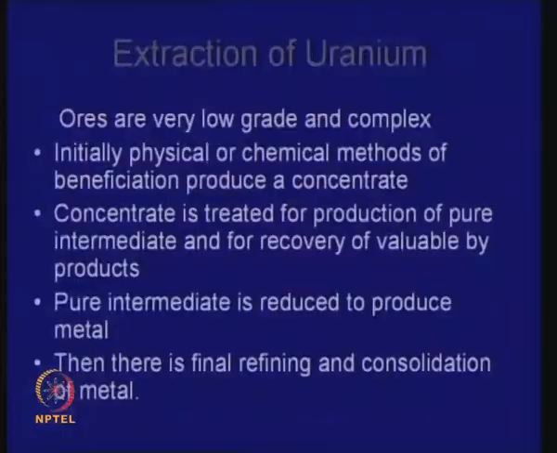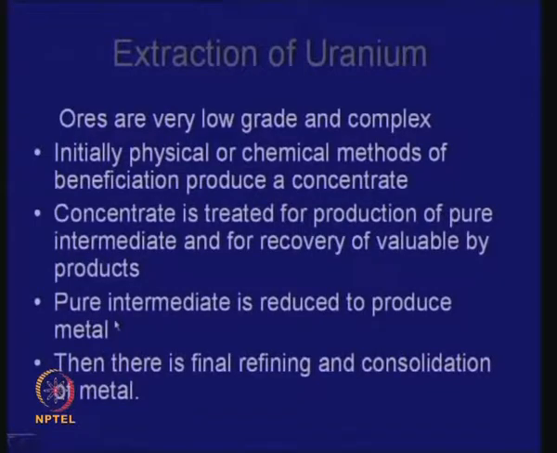This will be the essential approach in the case of nuclear metals, reactor metals, as well as other metals that we are getting from halides. So, once we have recovered pure intermediates, and we will also recover valuable byproducts from which we will get other things, this pure intermediate is reduced to produce metal, and that metal will be pure.